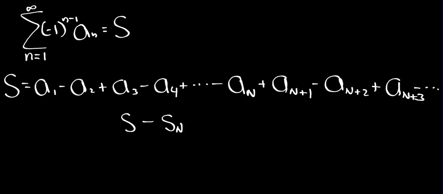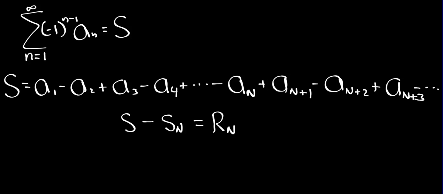How big of a difference can that be? I'm going to call that the remainder, the big nth remainder. And the question is, how big can R sub big N possibly be?